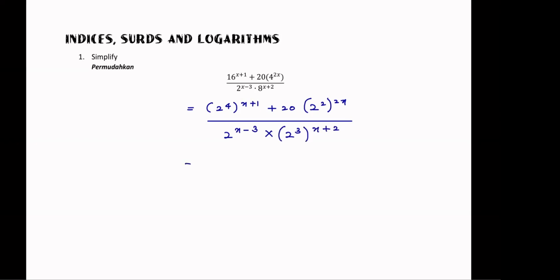So I'm going to multiply them to 4x plus 4. Plus 20. 4x over. The bottom one is 2.